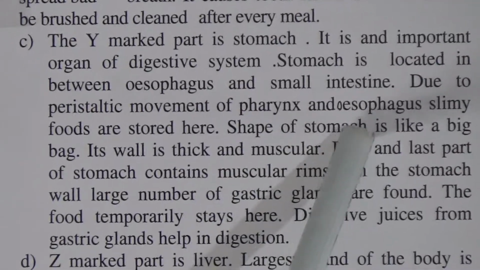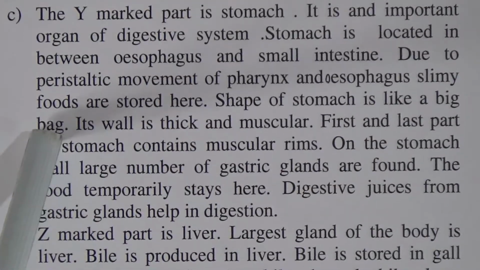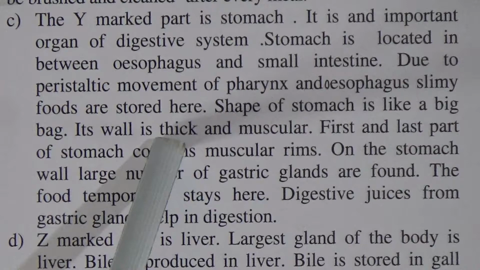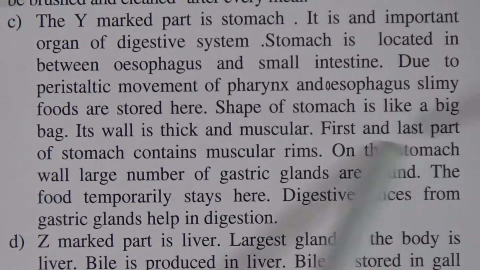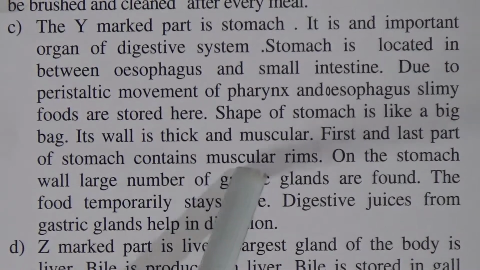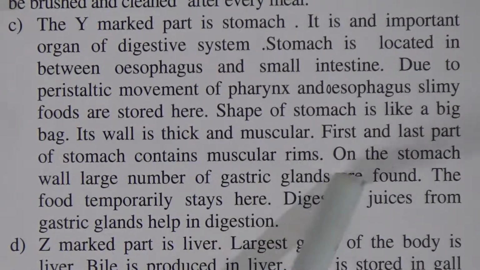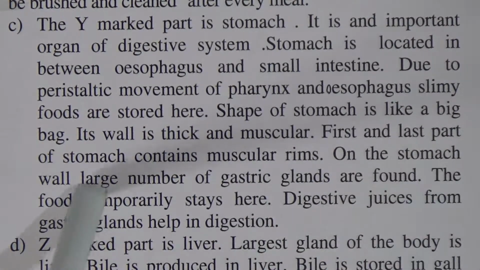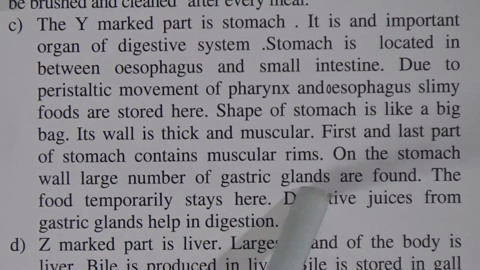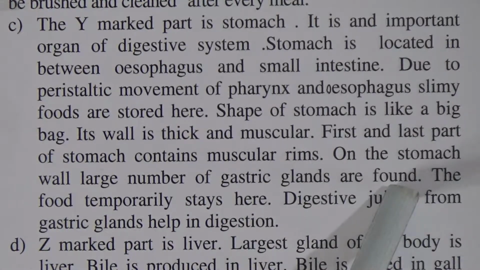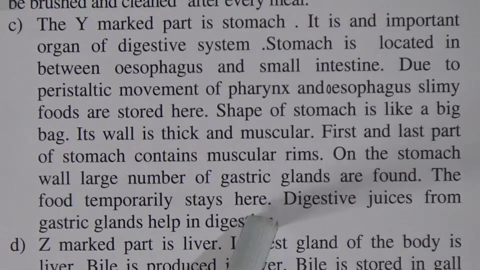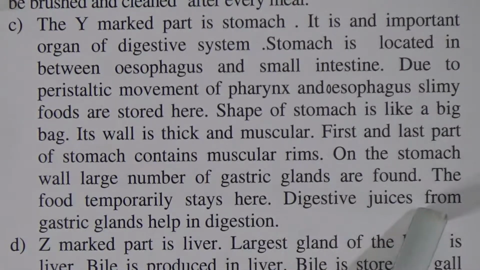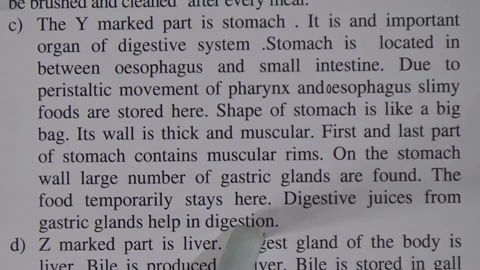The shape of the stomach is like a big bag. Its wall is thick and muscular. The first and last parts of the stomach contain muscular rims. On the stomach wall, a large number of gastric glands are found. The food temporarily stays here. Digestive juices from gastric glands help in digestion.